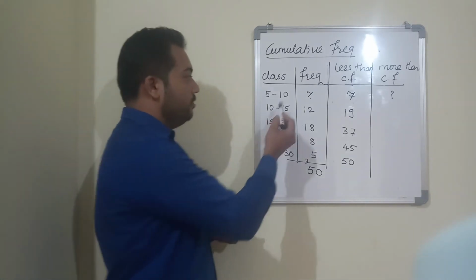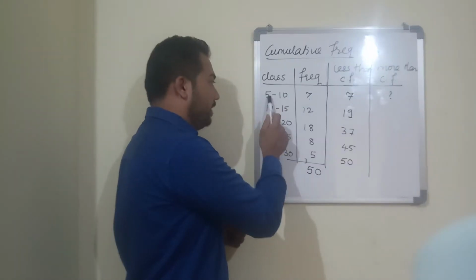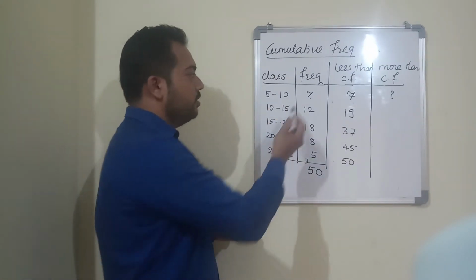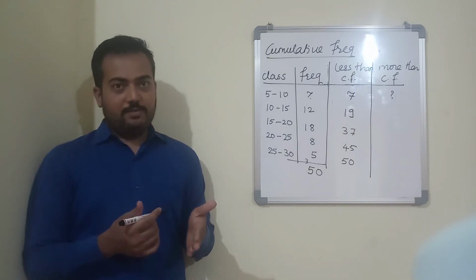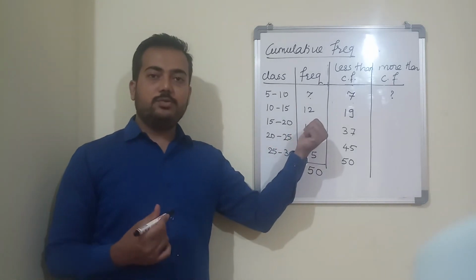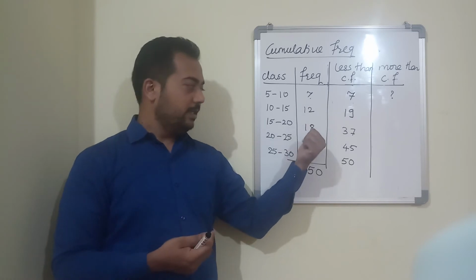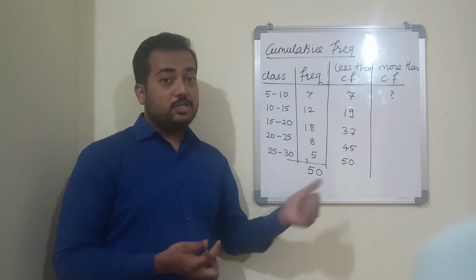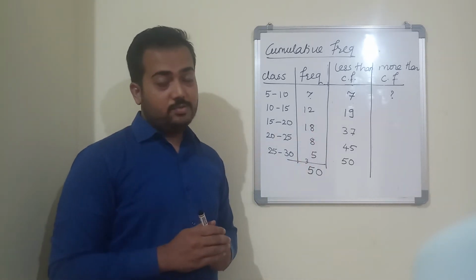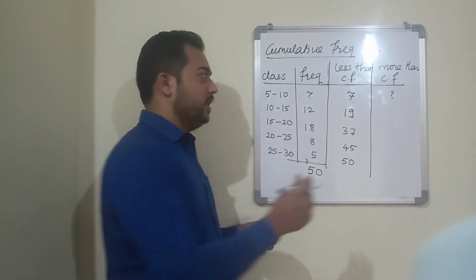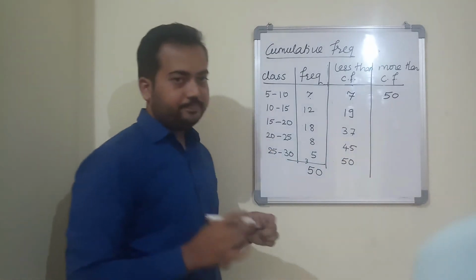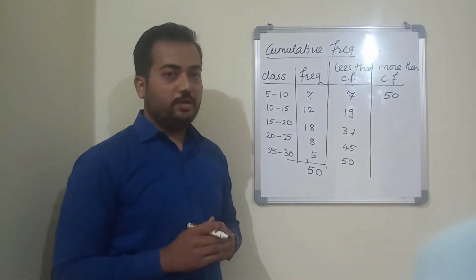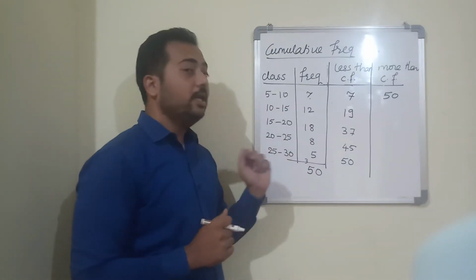So these 7 values are definitely either equal to 5 or more than 5. Similarly these next 12 values are more than 5. Similarly next 18, 8, 5. Actually all together all the values are 5 or more than 5. So here you start with the total itself. So more than cumulative frequency is considered with the lower limits.